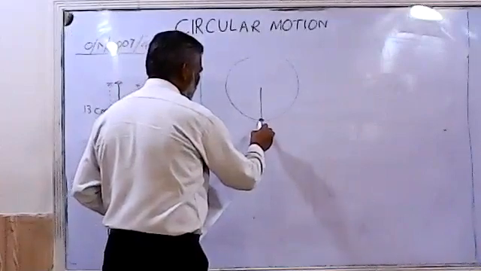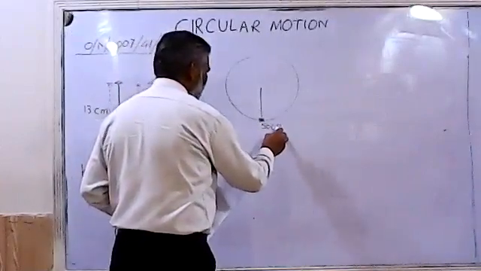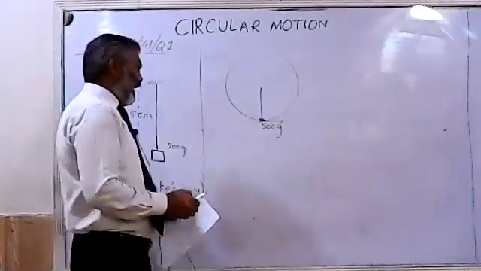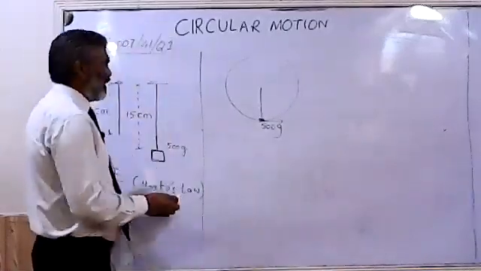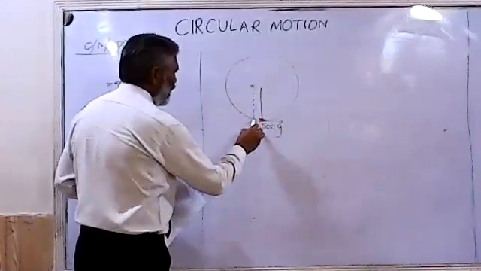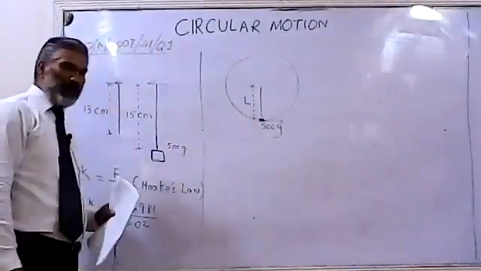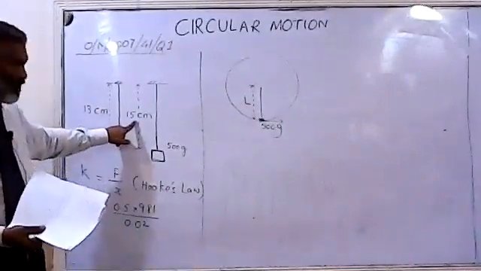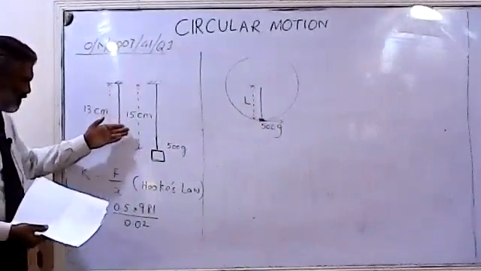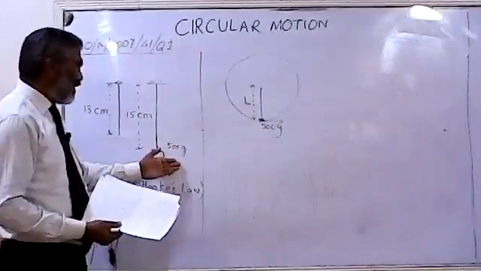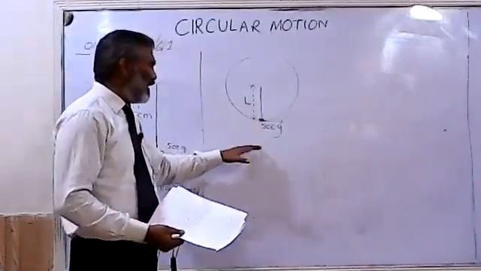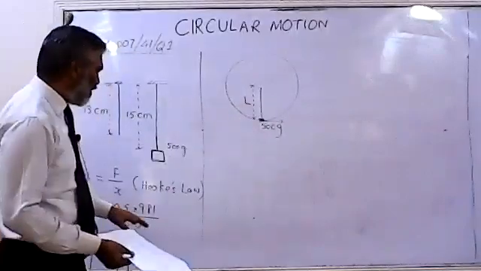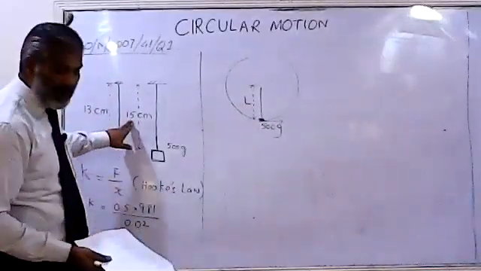When we move it in the vertical circle, its total length becomes capital L in centimeters, which means this will be even longer than this. 15 centimeter was the length when we attach this mass to it, but when we give it a whirl along the vertical circle, it extends a little further, and we expect now that this value in centimeters is definitely going to be a little larger than 15 centimeters.